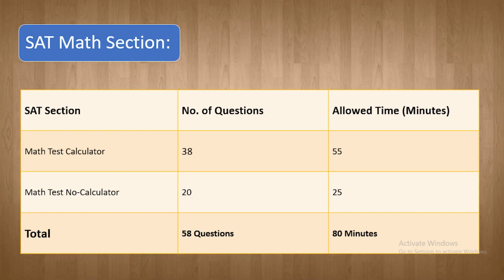The math exam comprises of 2 sections, with calculator and without calculator. You need to attempt a total of 58 questions in 80 minutes. 80% of questions are multiple choice, while 20% of them are grid-ins. For math with a calculator, you have 30 MCQs and 8 grid-in questions.